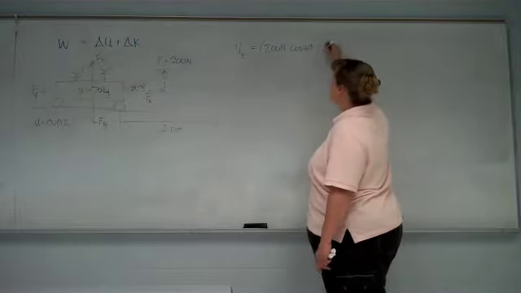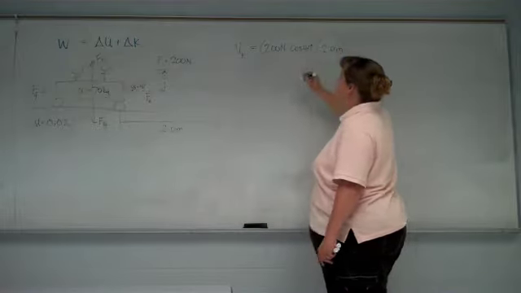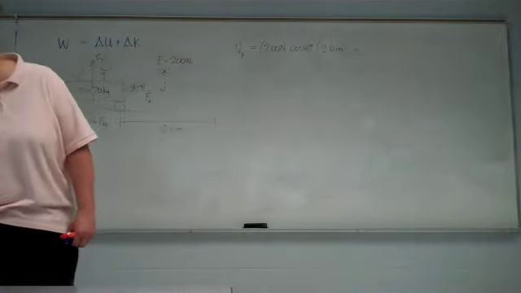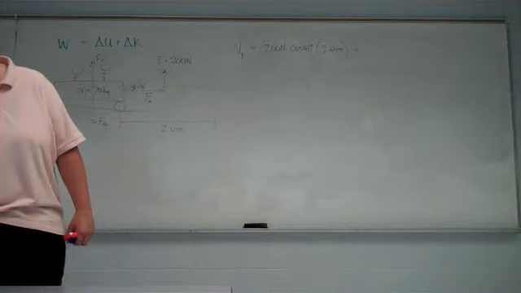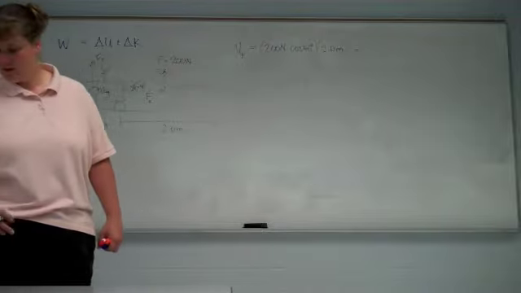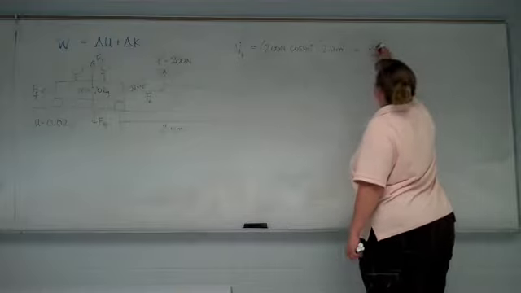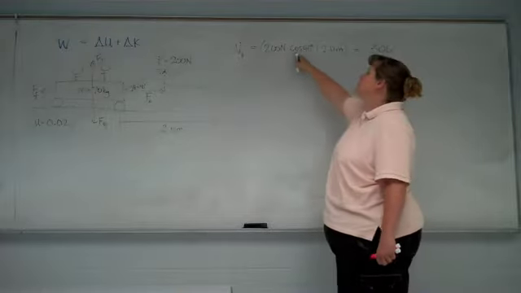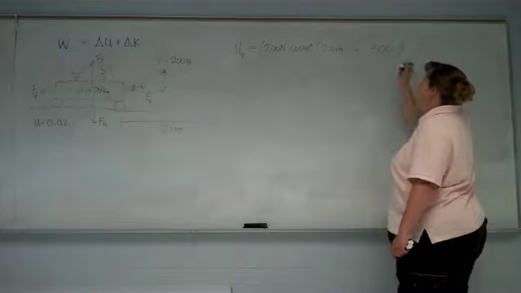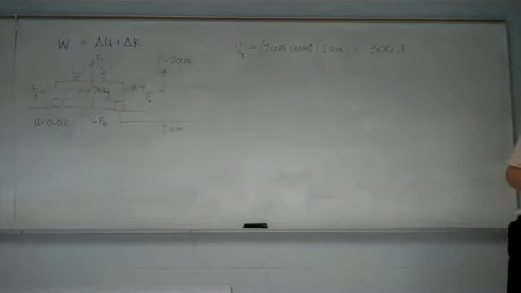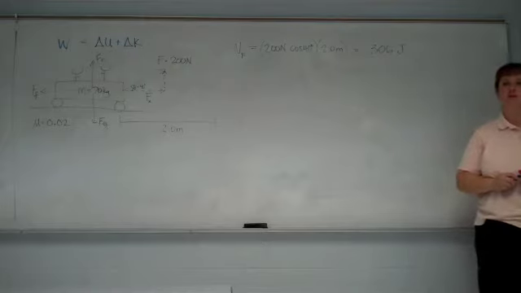In the process of moving the wagon 2 meters, we will have done 306 newton meters, and a newton times a meter is a joule when we're talking about energy. So that force does 306 joules of work.